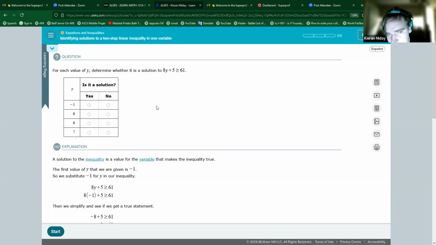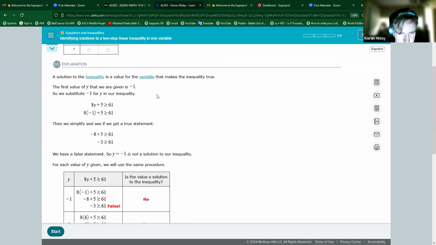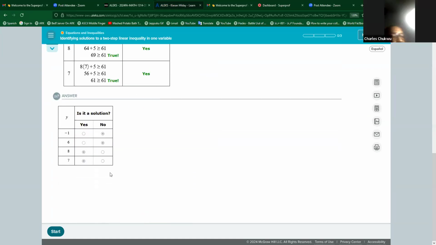And finally, for 7, 8 times 7 is 56. 56 plus 5 is 61. So it also technically counts, because of the equal to. This one is pretty simple too.